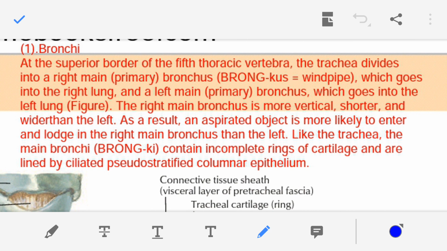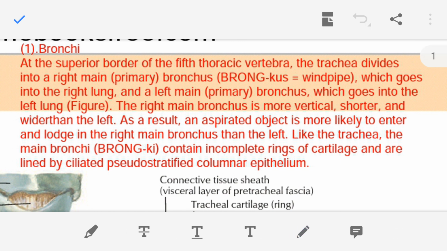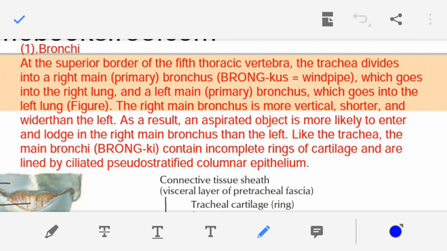The right branch is known as the right main bronchus, which goes into the right lung, and it is also known as the primary bronchus. Bronchus means the windpipe. Then on the left side we have the second branch, the left main bronchus or left primary bronchus, which enters into the left lung.